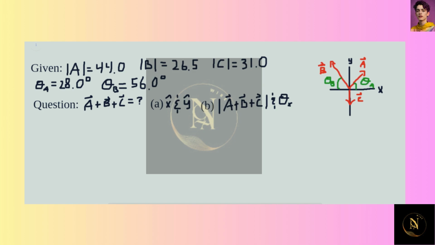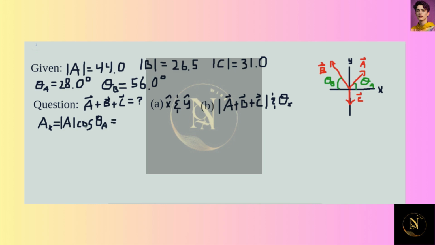Okay, so first we need to determine what the components are in the x direction and the y direction. I'll write the component in the x direction as A sub x, and that's going to be equal to the magnitude of A multiplied by the cosine of the angle, theta A, since it's in the x direction.